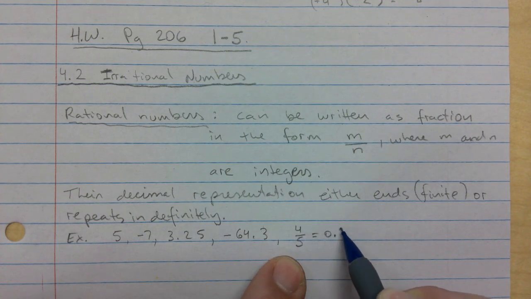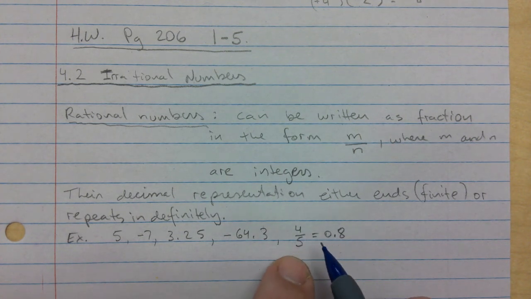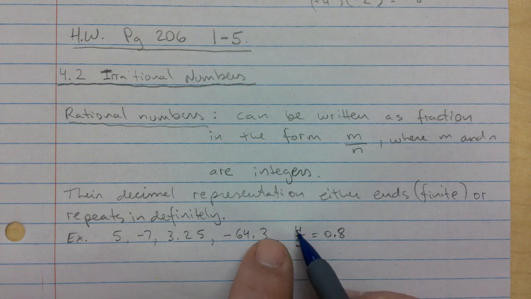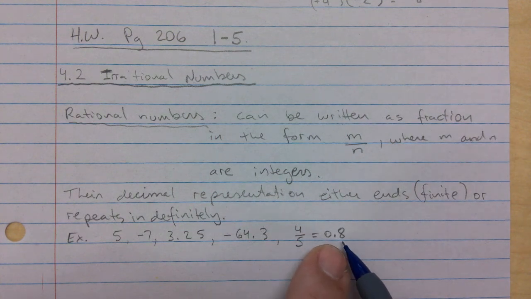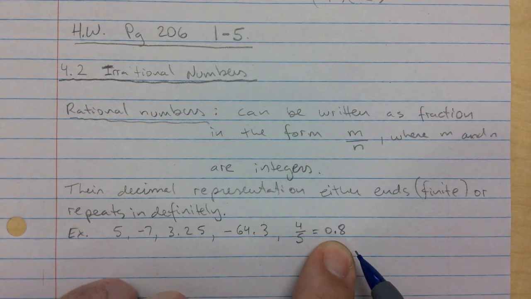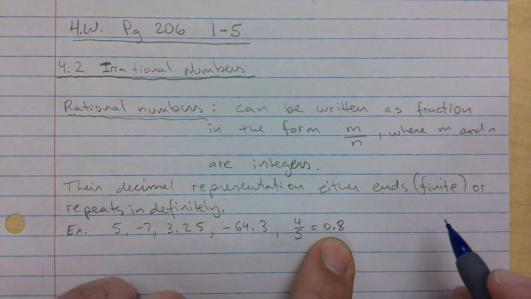That actually turns out to be 0.8. So first of all, it can be written as a fraction. That right away tells you that it is a rational. But if that wasn't enough, you turn that into a decimal, you also see that it ends. It doesn't keep going indefinitely on your calculator.